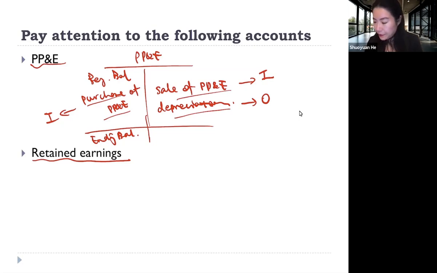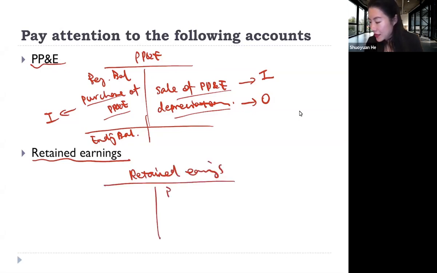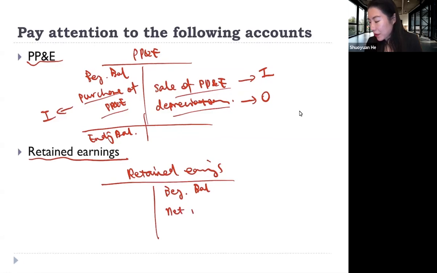Retained earnings. The beginning balance is on the credit side. And then the increase in retained earnings usually comes from net income.